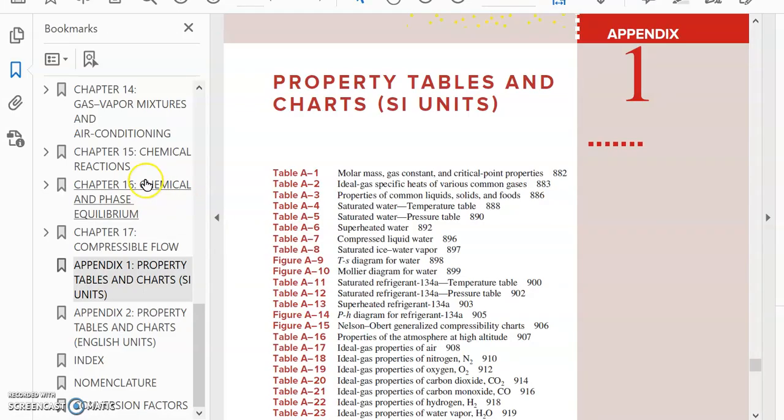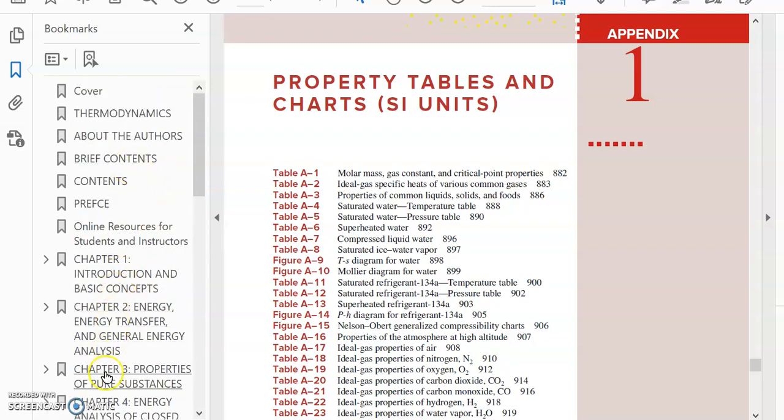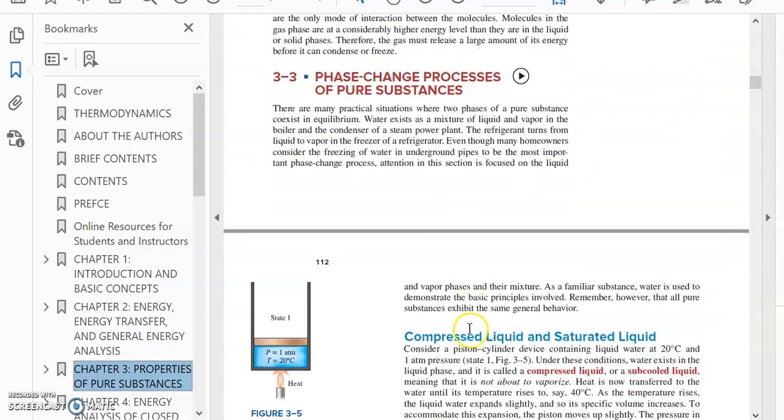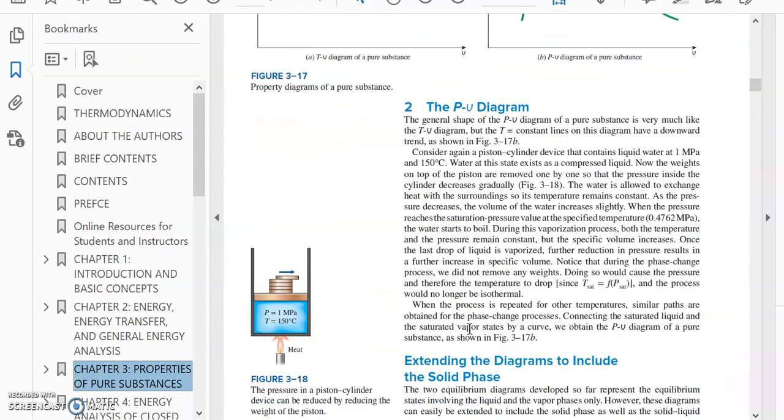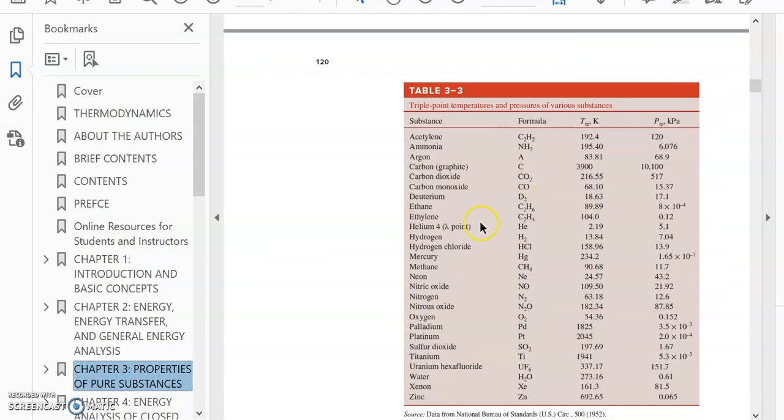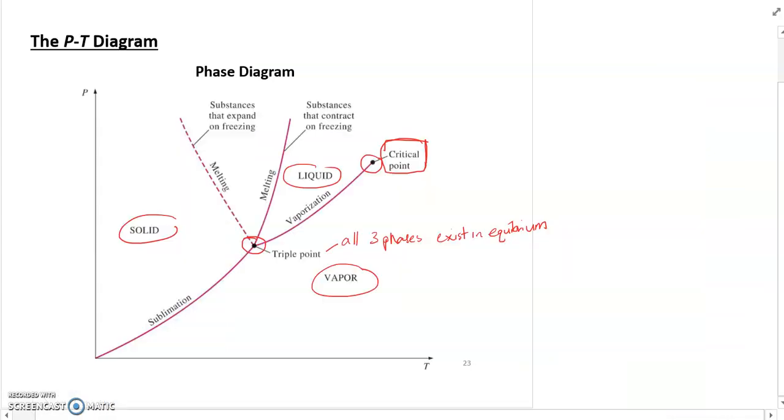Go to your textbook, chapter 3, table 3.3, not in the appendix. It gives the values of temperature and pressure at the triple point for these various substances.